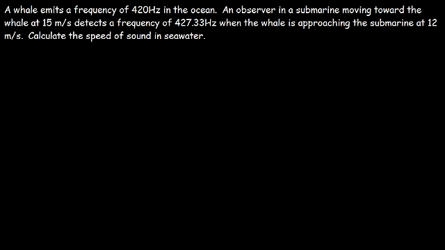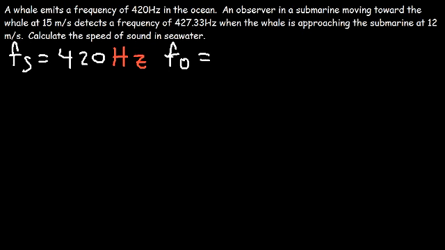A whale emits a frequency of 420 hertz in the ocean. So this is the frequency of the source. An observer in a submarine moving toward the whale at 15 meters per second detects a frequency of 427.33. So that's the frequency of the observer, or detected by the observer.